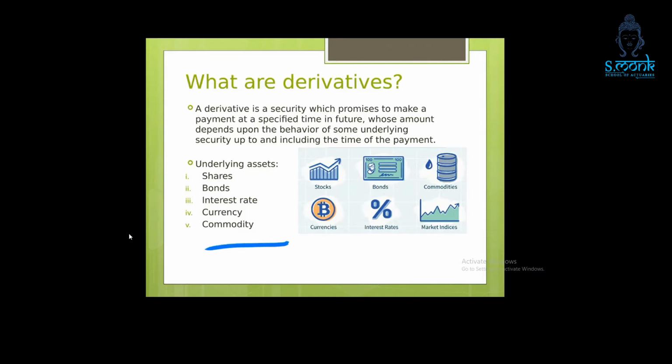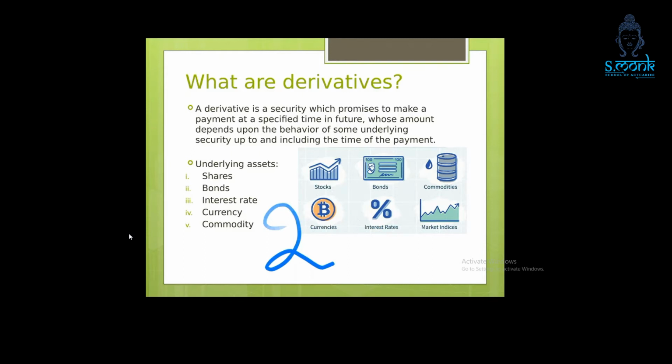A derivative is a formal contract between two parties, buyer and seller. Derivatives are always traded with future maturity and are settled in the future. The derivatives specify the conditions under which the payments are made between two parties.